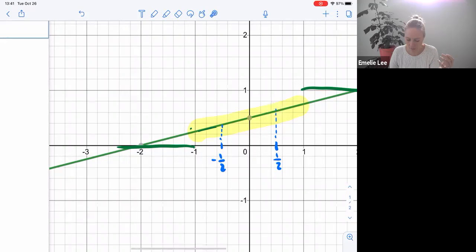Even if it's not at 1/2, we're still approaching that point, so we can still talk about it. So what we want is the probability of being up to and including 1/2, and then we can lob off the probability of being up to and including -1/2.